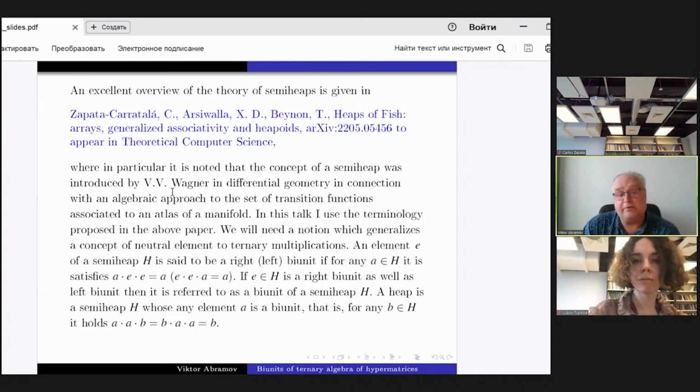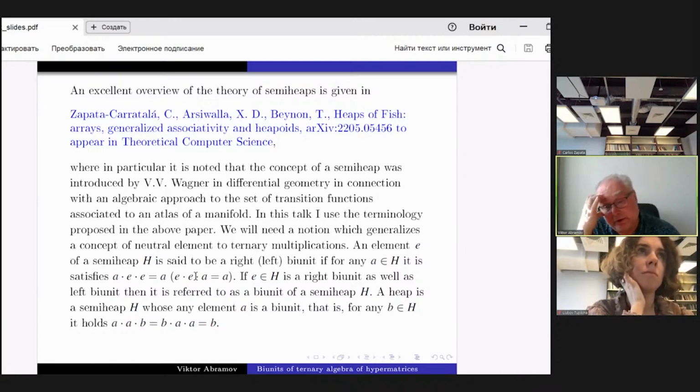So the neutral element for ternary multiplication. We have a biunit, right or left. For a right biunit, we have this condition. Here, the right biunit is denoted by E. A is an arbitrary element of a semi-heap. If we multiply it from the right and get the same, we call this a right biunit. And for a left biunit, we have this condition.